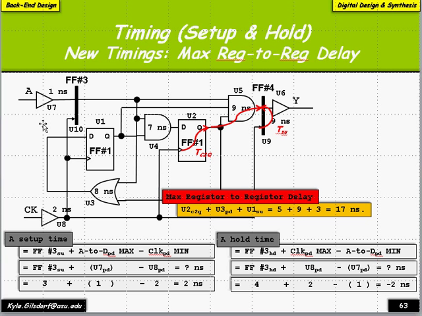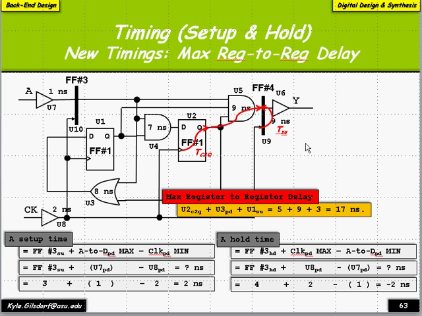And what we see here is our new path. Our new max register delay is much different. Now if you look here, a register to register delay actually is bigger, 17 nanoseconds, but I bet if you guys were to go ahead and solve for the remaining pin to pin and clock to out, you'd find out that this is actually our new longest path.